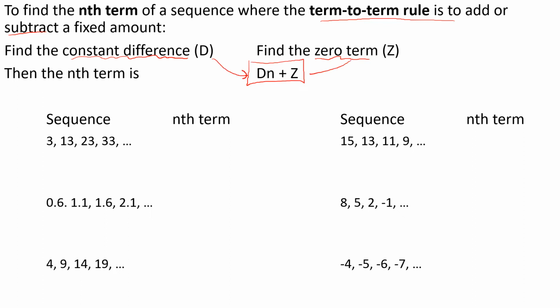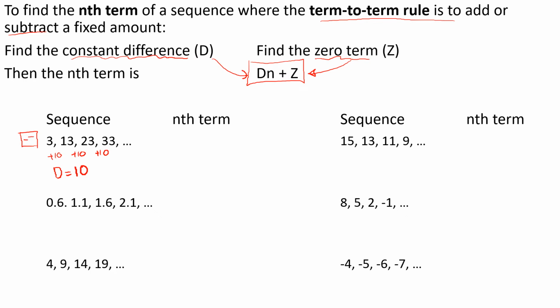dn plus c. So our first sequence, what do we need? We need the constant difference. So how much is it going up by? This is going up in tens. I can clearly see that. So d equals 10. What's our zero term? Our zero term is what would happen if you went back one. So what's before 3? Instead of plussing 10 to get to that, we're actually going to have to minus 10 and go back.